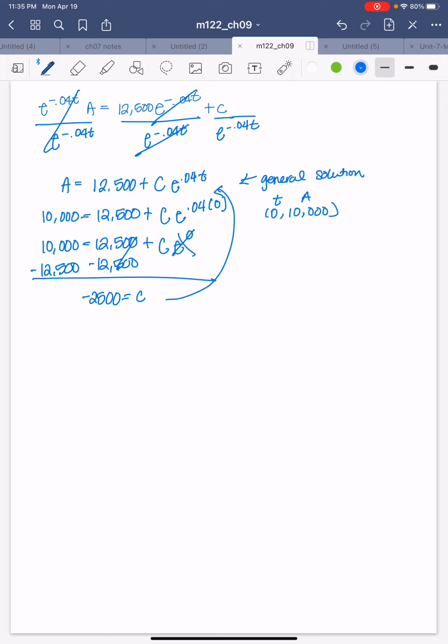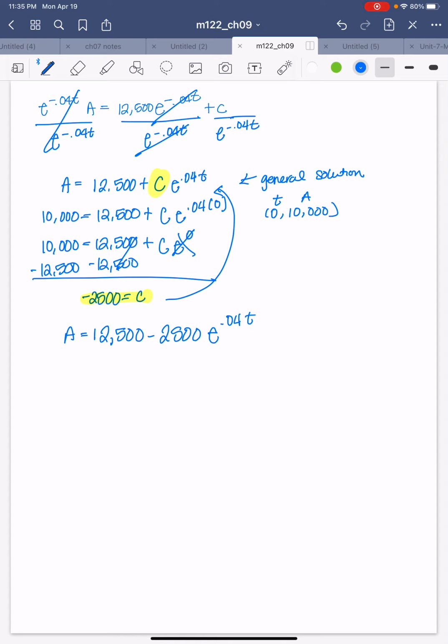So plugging it in, my particular solution will be A equals 12,500 minus 2,500, for C, e raised to 0.04t.